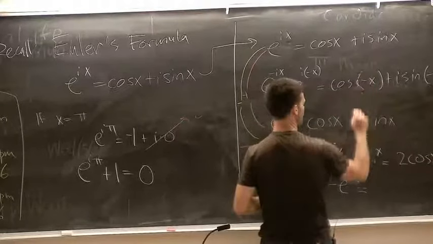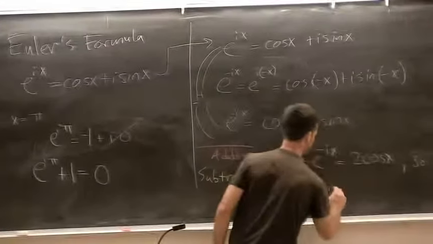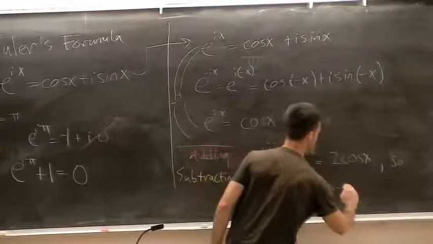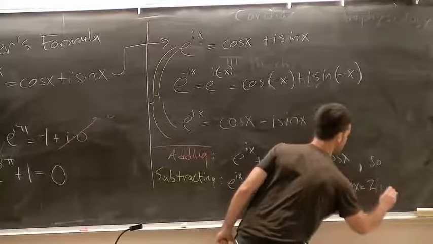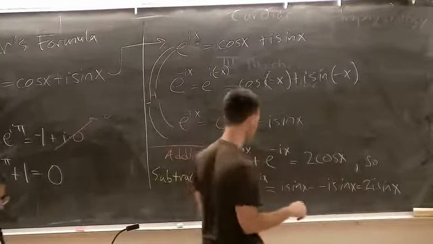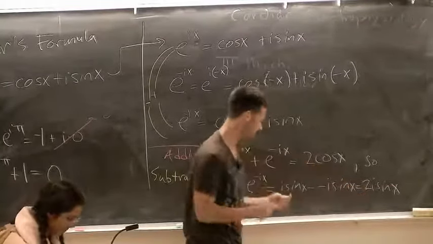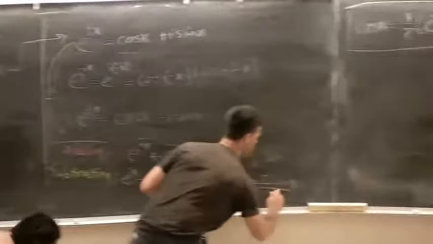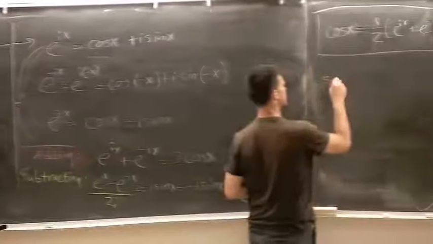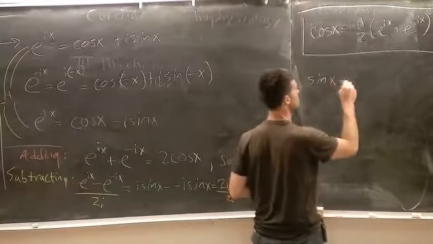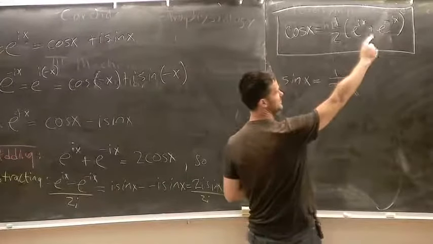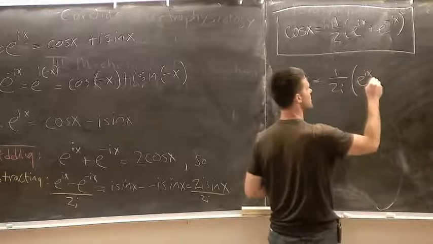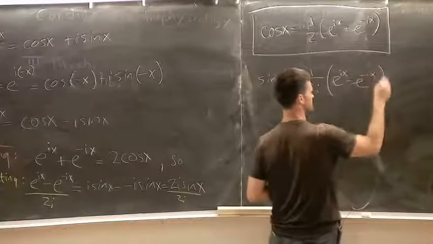I sine x minus negative i sine x, which is 2i sine x. And if I divide everything by 2i, I get a similar expression for sine of x. So it's 1 over 2i, and then it's almost the same as this, but with a minus right here: e to the ix minus e to the negative ix.